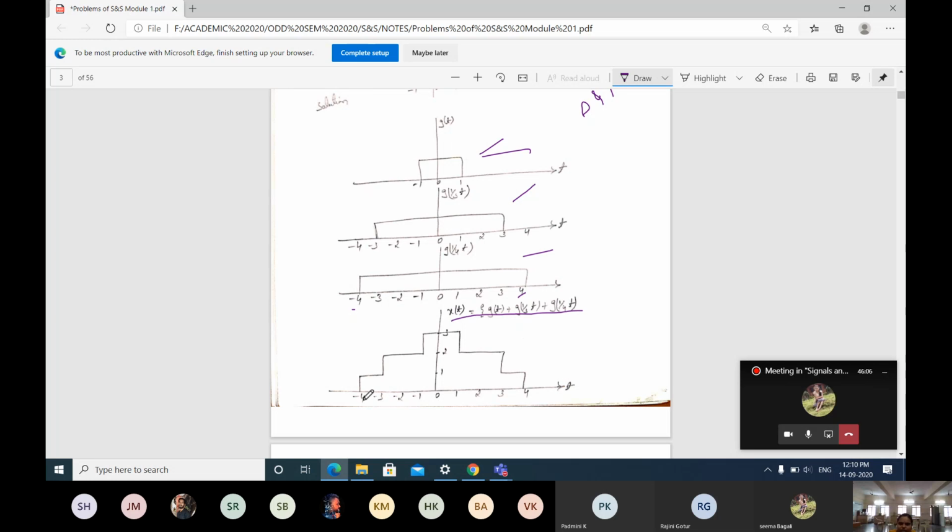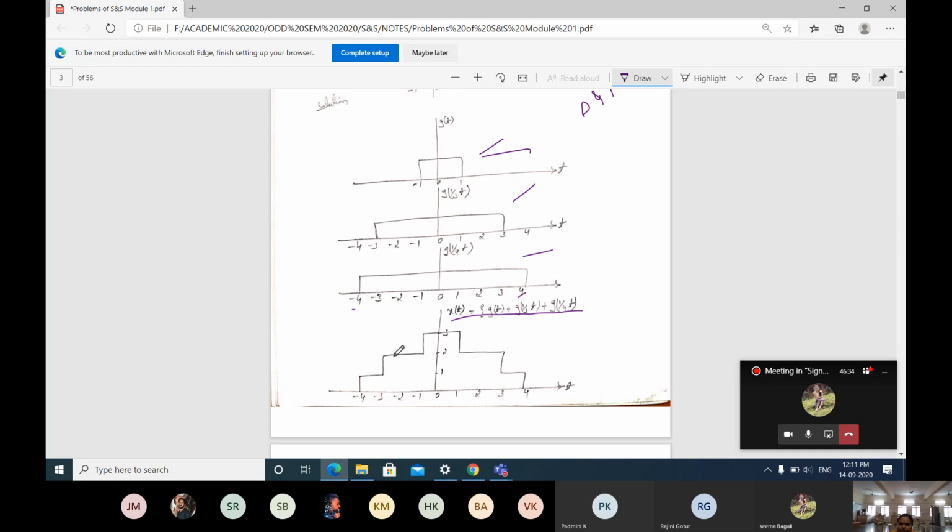From minus 4 to minus 3, only 1. Yes, only 1. Then from minus 3 to minus 2, here it is 1, again here is 1, and 1 plus 1 is going to be 2. Again from minus 2 to minus 1, it is again 1 plus 1, adding, right?